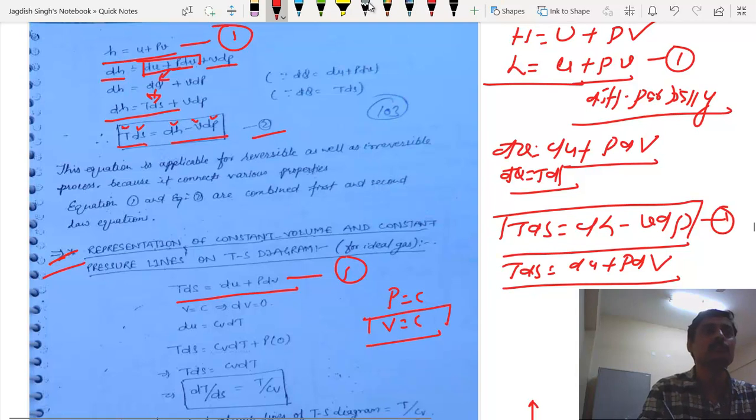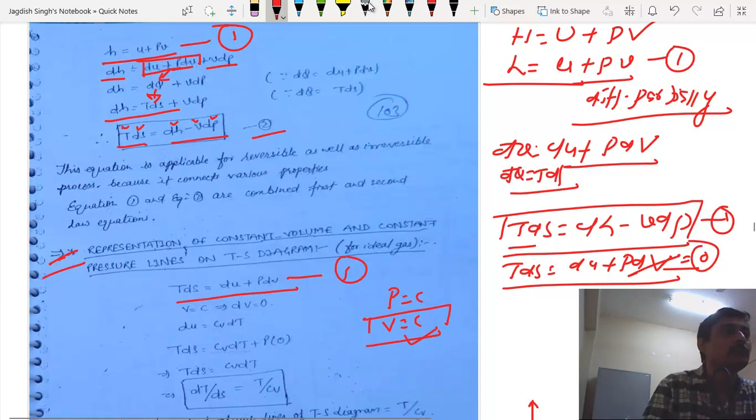So there are two choices. We have two equations: Tds is equal to dh minus vdp and Tds is equal to du plus pdv. Since volume is constant, let us pick this equation, Tds is equal to du plus pdv, because when volume is constant, the pdv term will be 0.